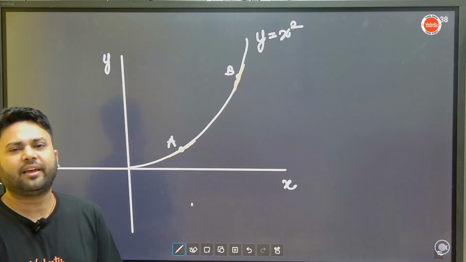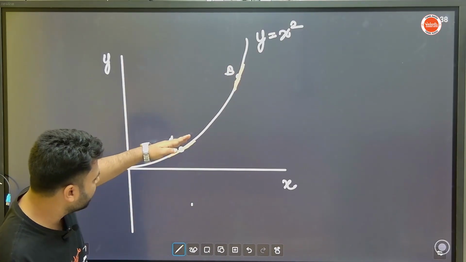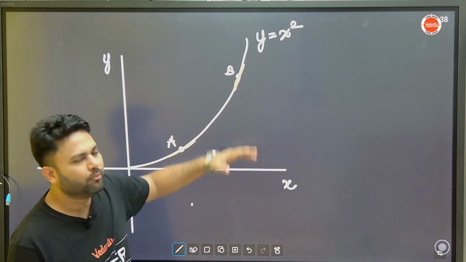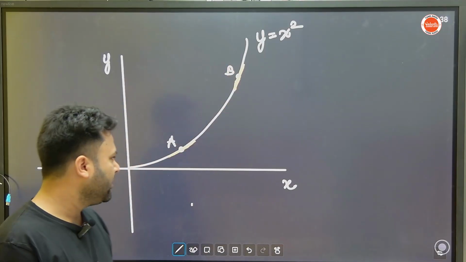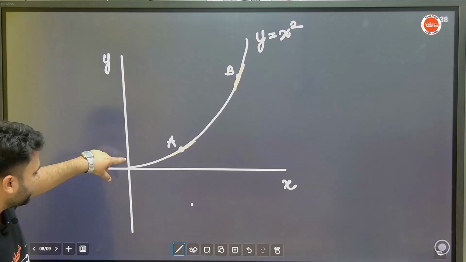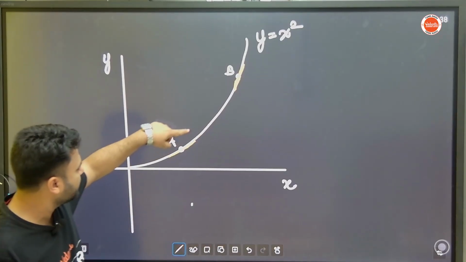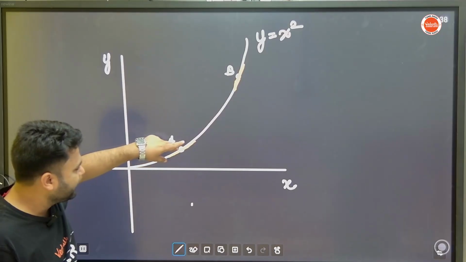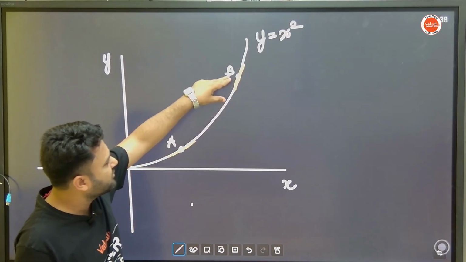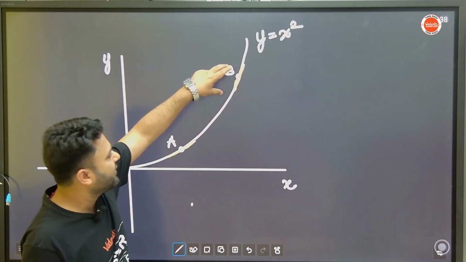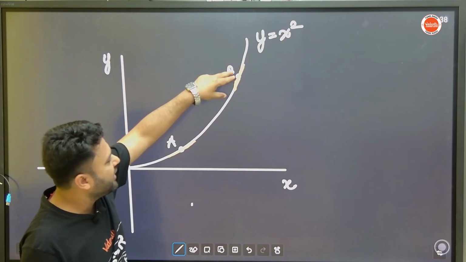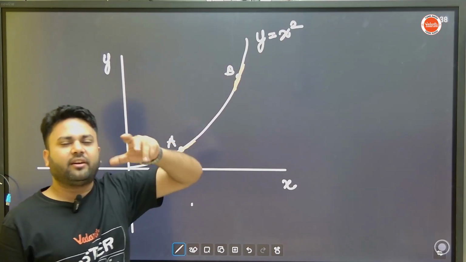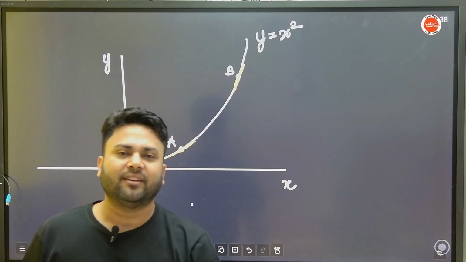You can imagine, suppose you are riding a bicycle on this path. You are riding, the difficulty level is increasing. Here it is maximum. You won't be able to ride the bicycle here. So where the difficulty level is high, the slope is high.